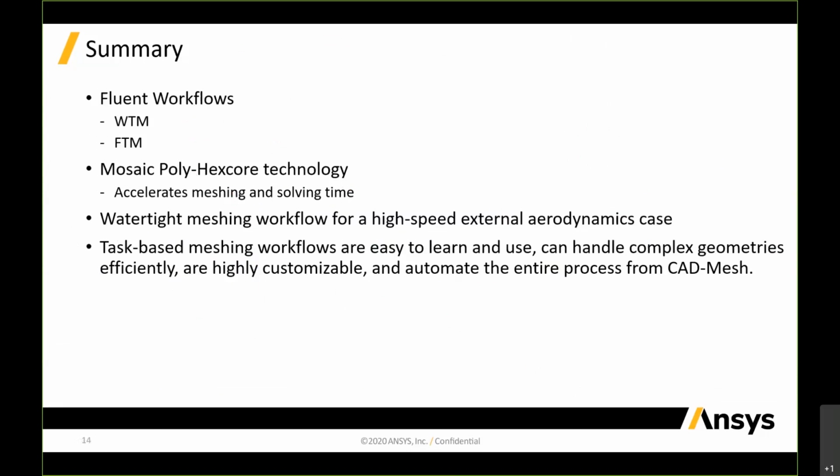We have also noticed that using the poly-hexcore technology versus only polyhedral cells, there is a significant reduction of about 30 to 50% in the solver time. And next we went through a quick demo of the watertight meshing workflow on a high-speed case, the X-43.